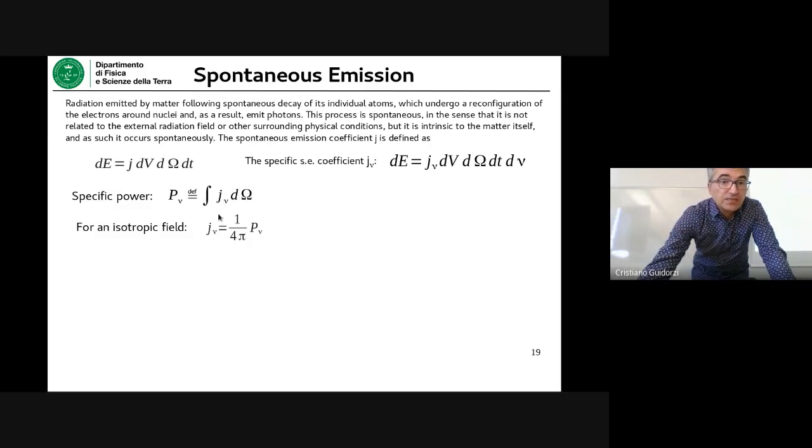So knowing the specific power, you can express the specific coefficient as the specific power over 4 pi, just like that.